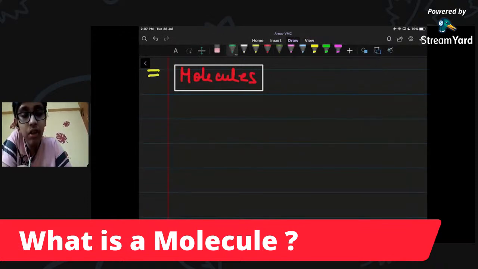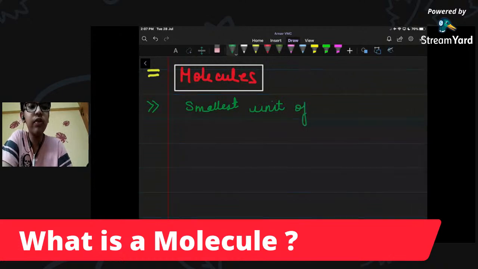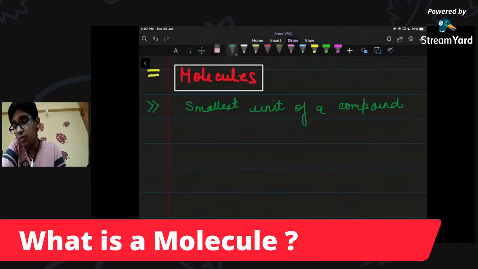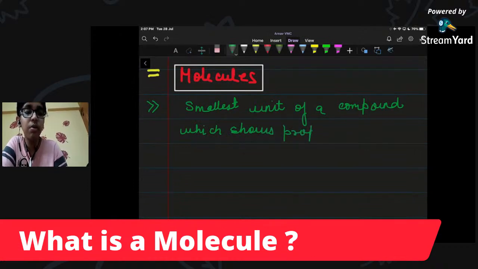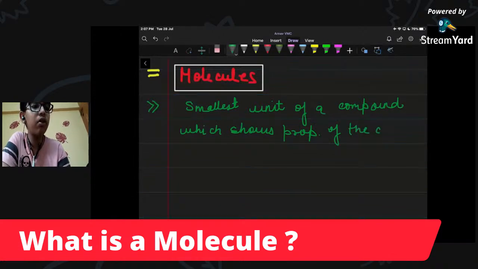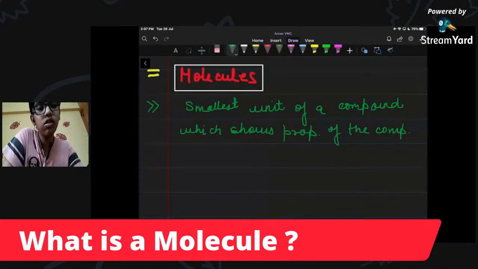So what is a molecule? It's the smallest unit of a compound which shows the properties of the compound.